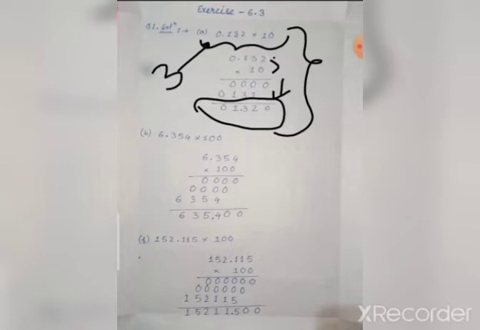So 2, 3, 1, there are 3 decimal places. So in the answer we have to put the decimal after 3 numbers. Here is the decimal. So the answer will be 1.320.